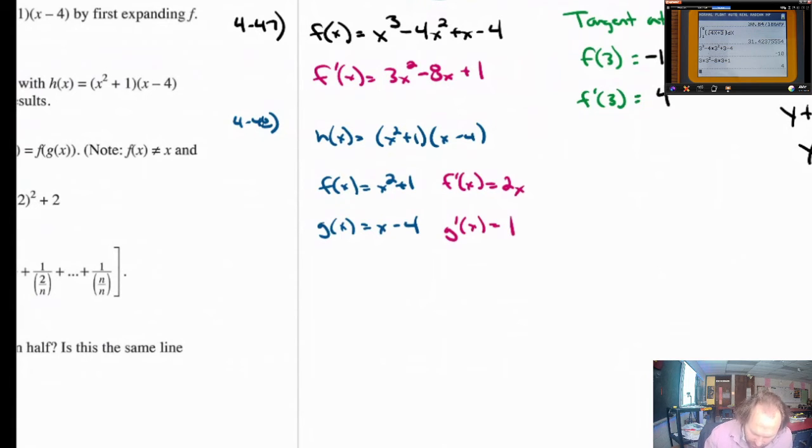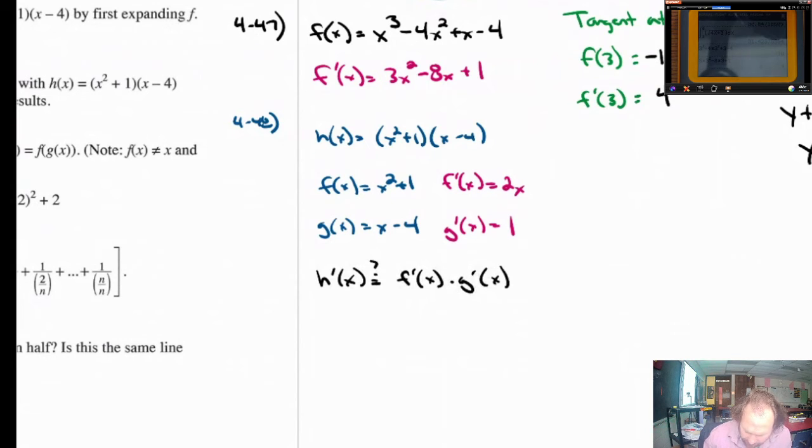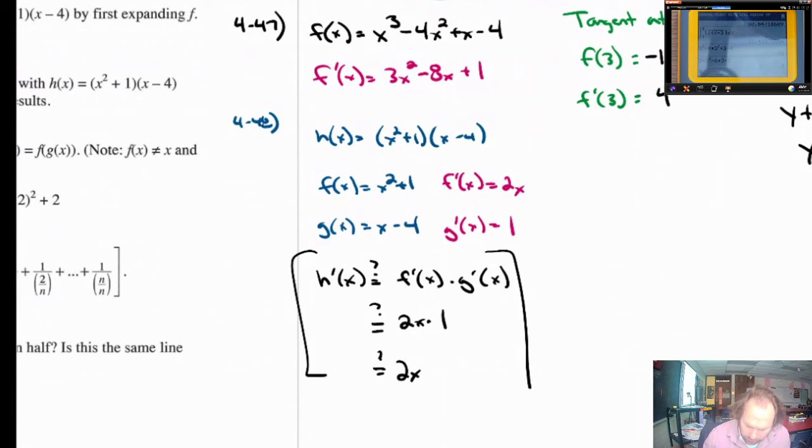And so if it were true that h prime of x is equal to f prime times g prime, if that were true, we should be getting 2x times 1, or just 2x. That's kind of the hypothesis zone over here.